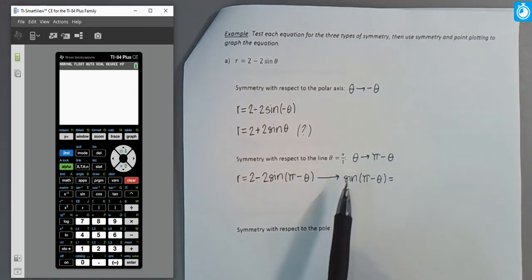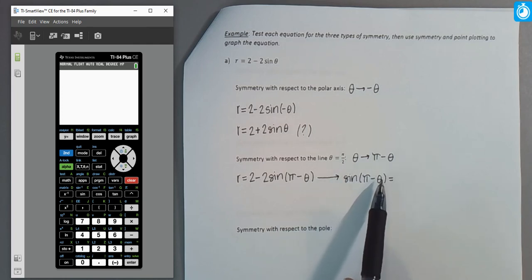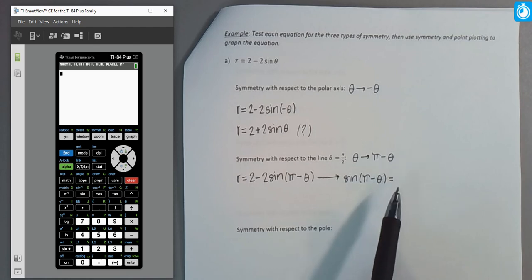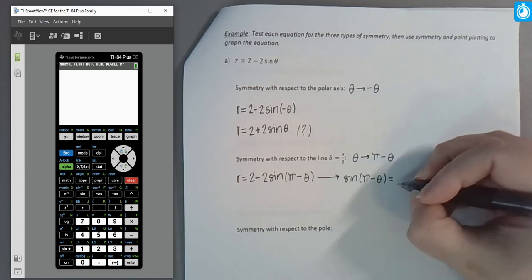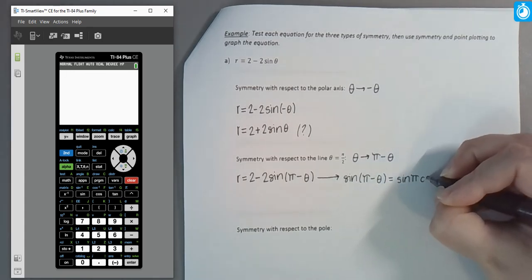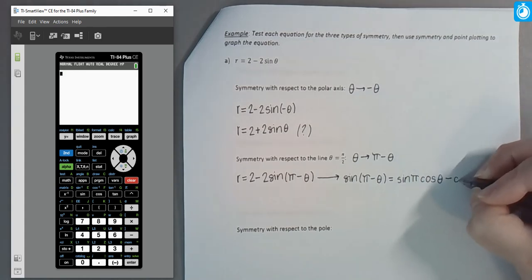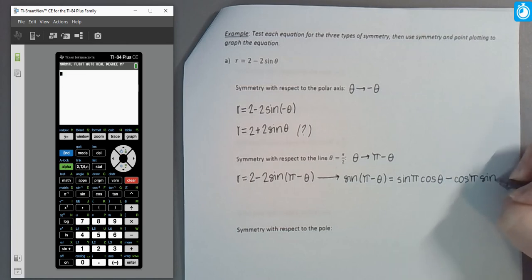Now we know the rule for sine of a difference is going to be the sine of the first angle times the cosine of the second angle minus the cosine of the first angle times the sine of the second angle. So this is going to be the sine of pi times the cosine of theta minus the cosine of pi times the sine of theta.